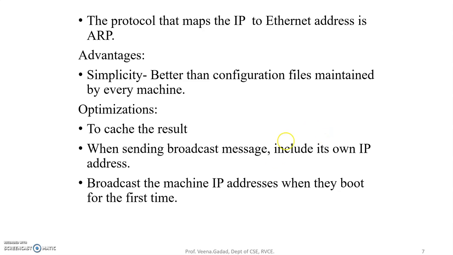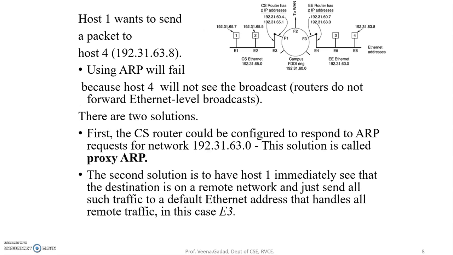And machines broadcast their IP address when they boot for the first time. So these are a few optimizations usually done on the network for better throughput and reduced delay, right?